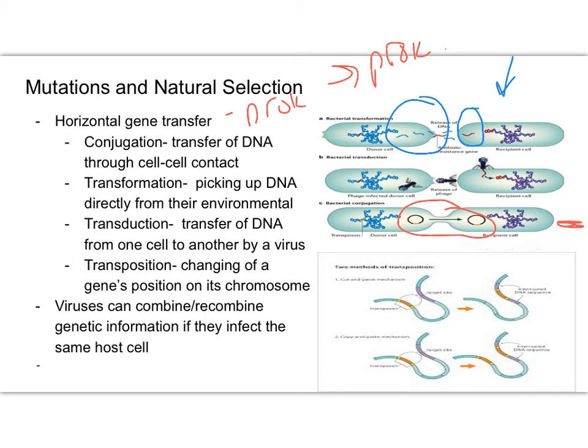We also have transduction. Transduction is the middle picture there. With transduction, the viruses will help spread the DNA. So this virus here on the left has picked up some DNA from the bacterial host cell. That virus then injects that DNA into the new host cell, and so that recipient cell will receive some of that DNA. And so again, we've got variation here.